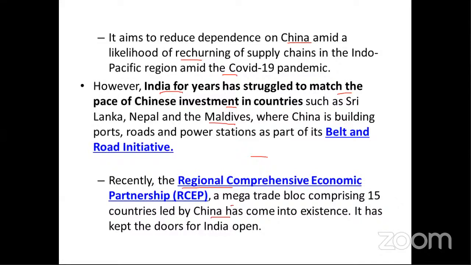We will also have another important current affairs session next week when we meet. If you have any doubt, you can ask me a question. This PDF file will be uploaded today and you can download it. Whenever you read a current affair, try to frame a question.